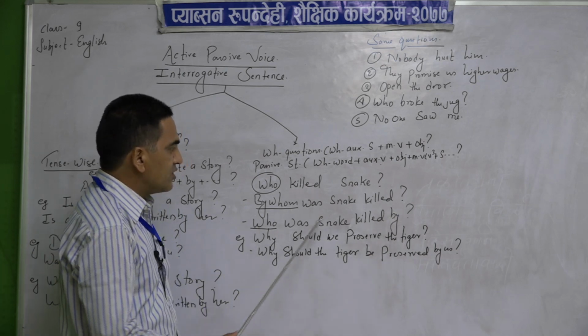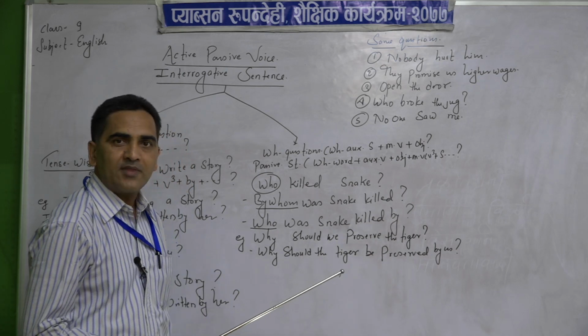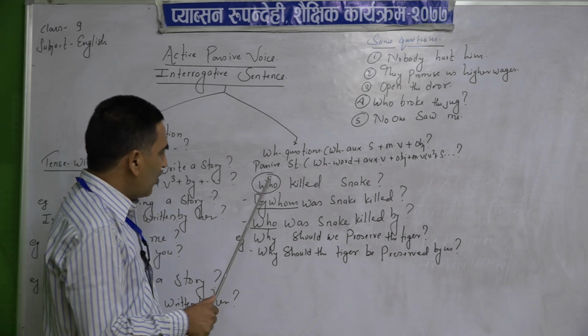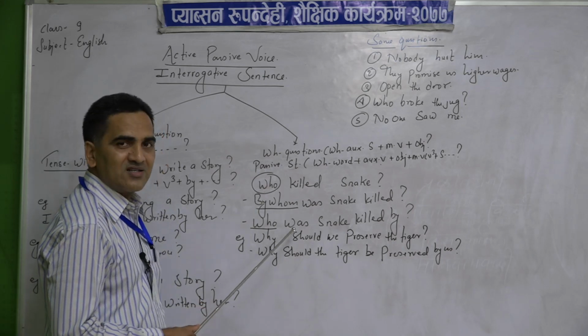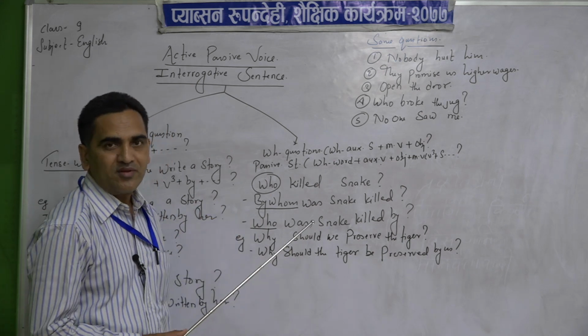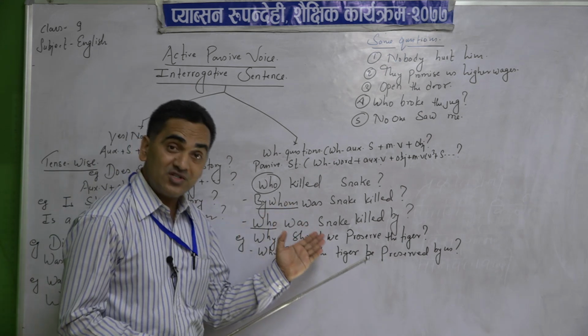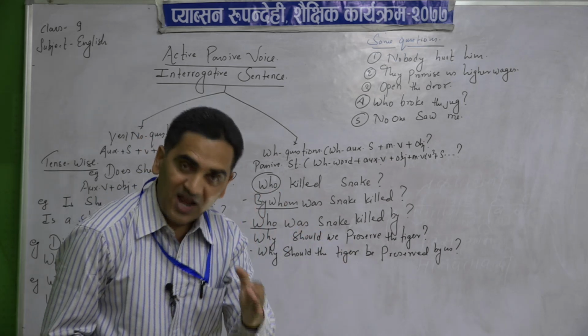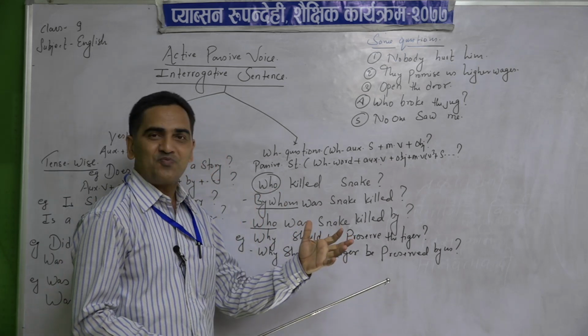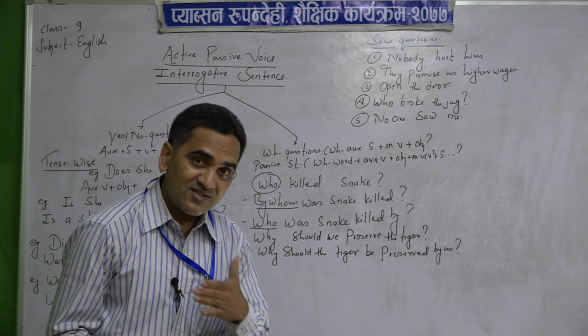Who was the snake killed by? Now it is passive. So both structures can be asked, and you can write in either form, by whom or who. This is a most important question for class 9, 10, for SEE also.